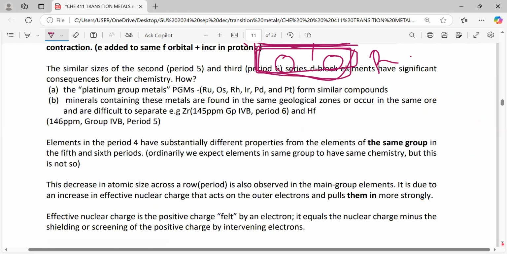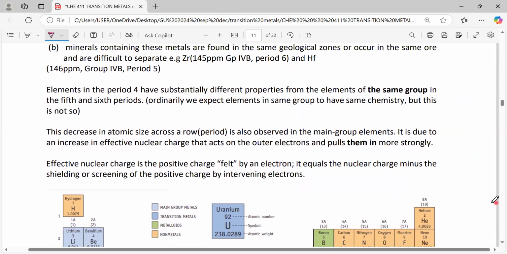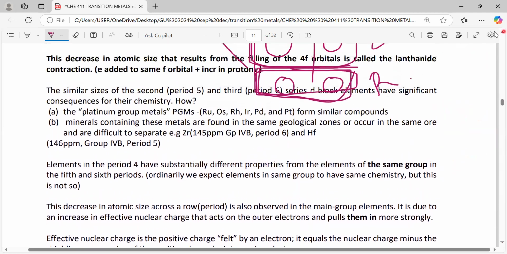Okay, let's see the other implication. If they have the same radius, what will happen to their chemistries? So they form similar compounds. Minerals containing these metals are found in the same geographical zone and in the same ore.